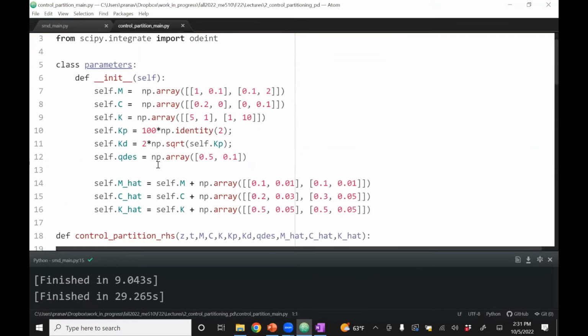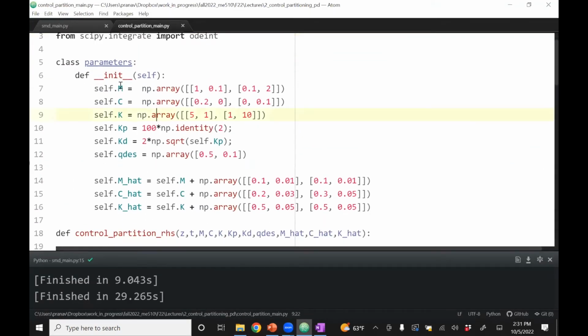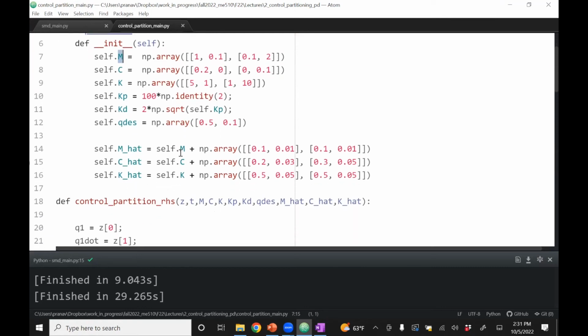So what I did here is I chose M to be a 2 by 2 matrix, C to be another 2 by 2 matrix, and K to be a 2 by 2 matrix. This is just random numbers, not a physical system. You could think of it as a spring mass damper system, but I don't have an animation going with this. It chooses KP to be 100 for all the different degrees of freedom, and KD to be 2 square root KP.